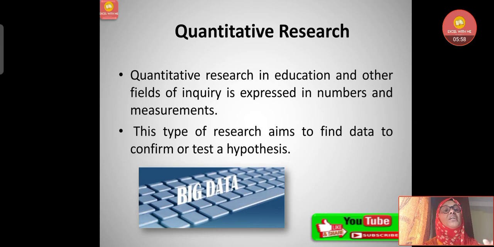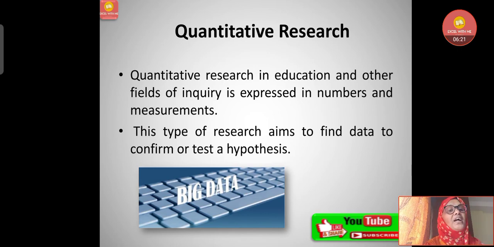Now let's go with quantitative research. What is quantitative research? Quantitative itself tells us that it is quantity which can be measured numerically. That is, quantitative research in education and other fields of inquiry is expressed in numbers and measurements. This type of research aims to find data to confirm or test a hypothesis.